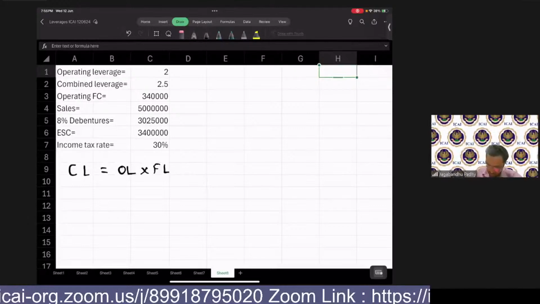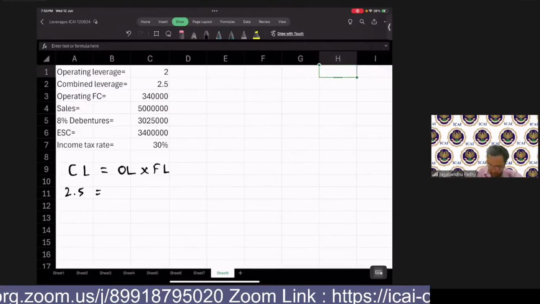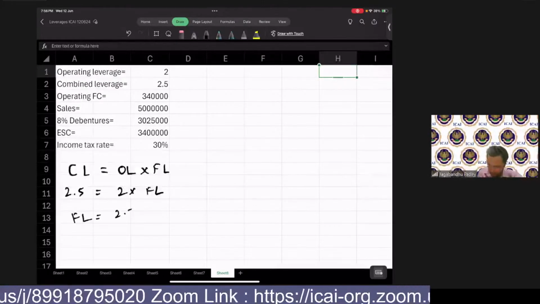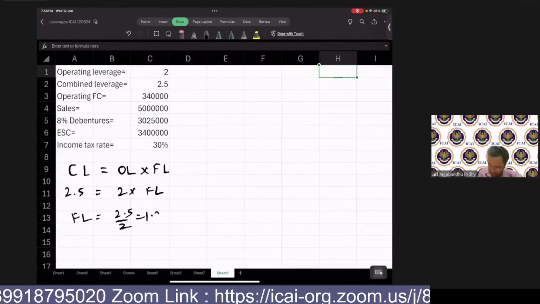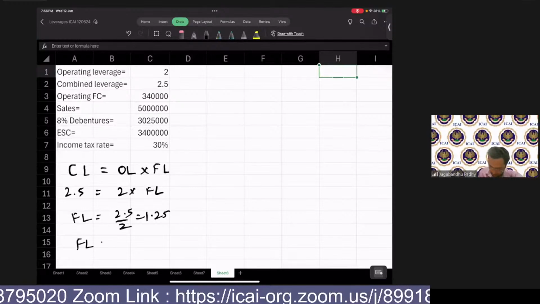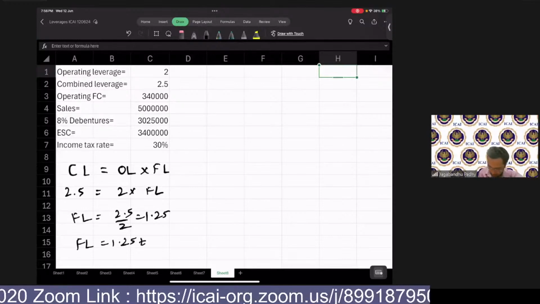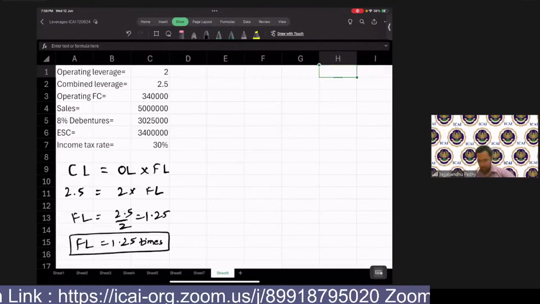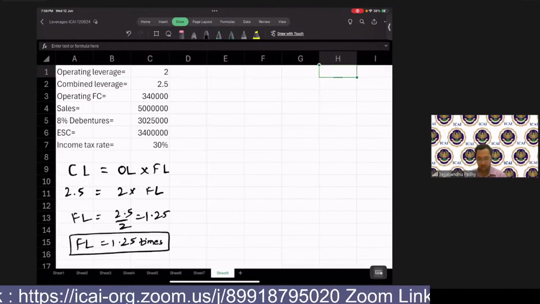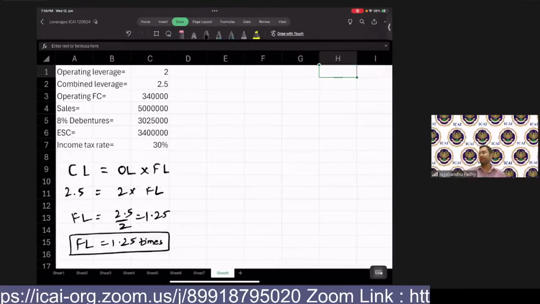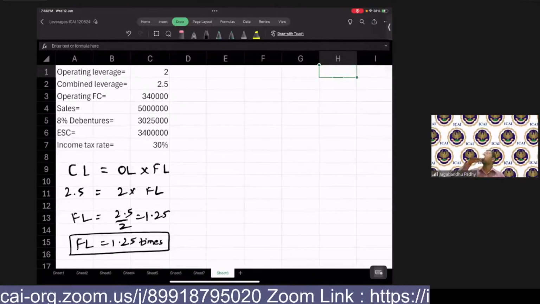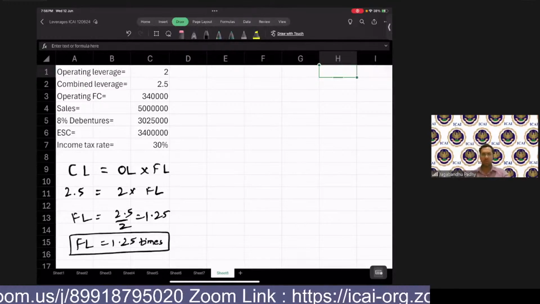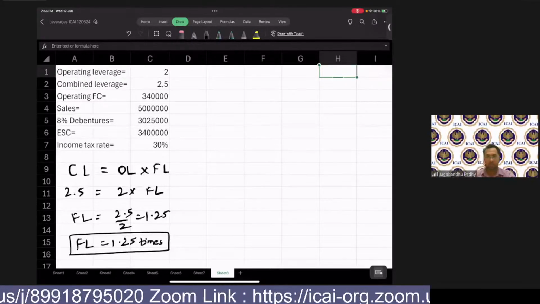So combined leverage is 2.5, operating leverage is 2, the financial leverage will be 2.5 by 2, which is 1.25. Financial leverage is 1.25 times. Okay, so we have computed the financial leverage which was required.